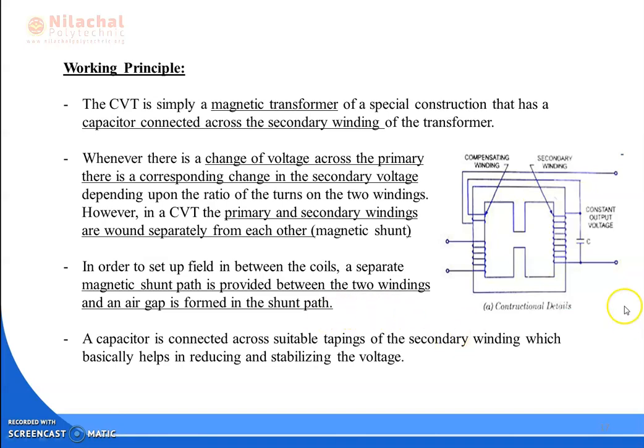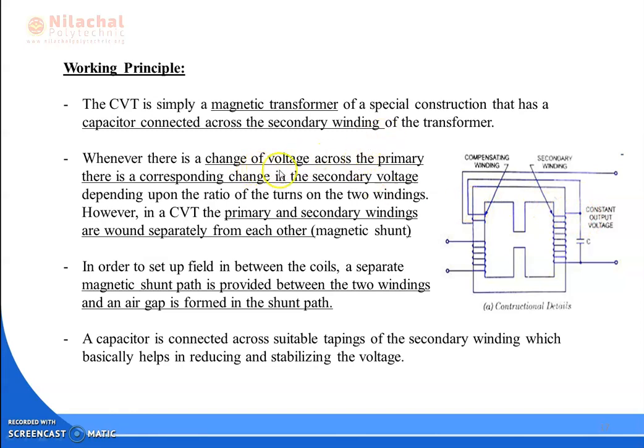We have already seen in the diagram that it is a magnetic transformer which has two windings, the primary winding and the secondary winding, and a capacitor is connected at the secondary winding of the transformer.